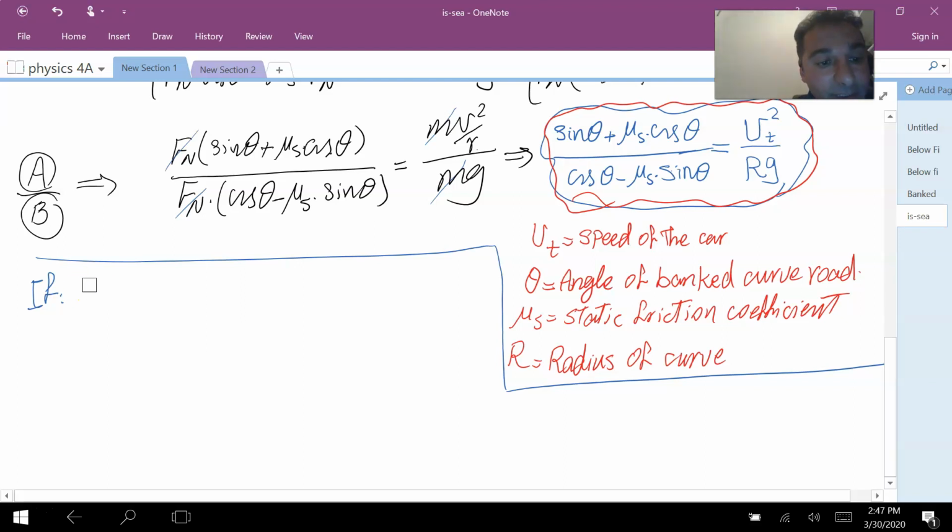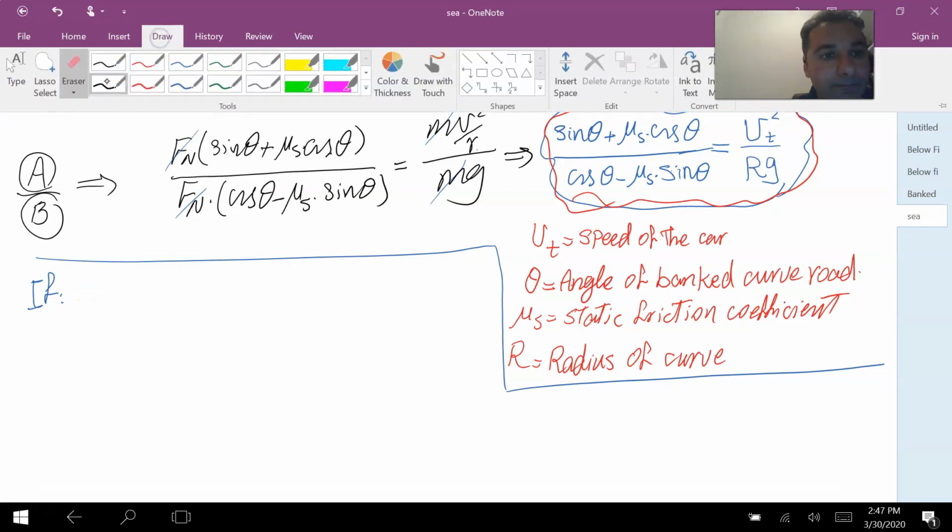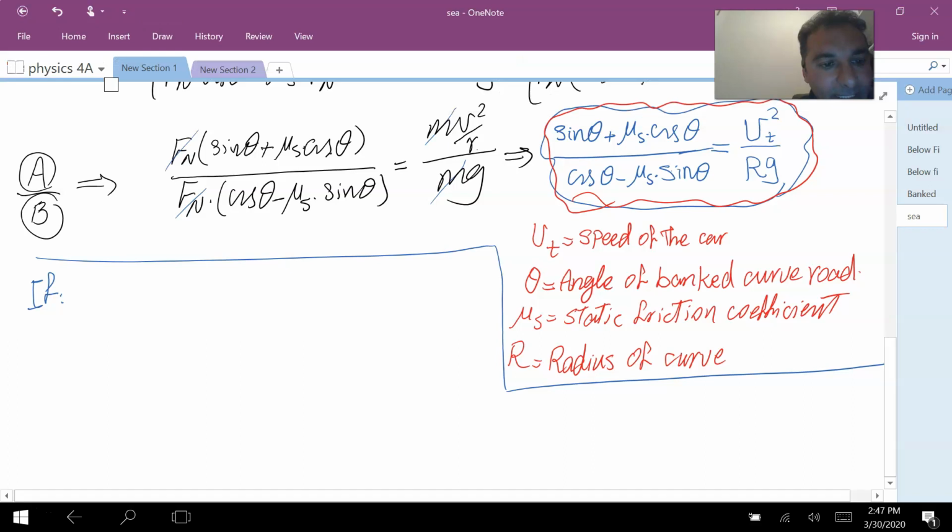What does that mean? What if Fs becomes 0? Then we can say we don't have mu s, correct? It's 0.